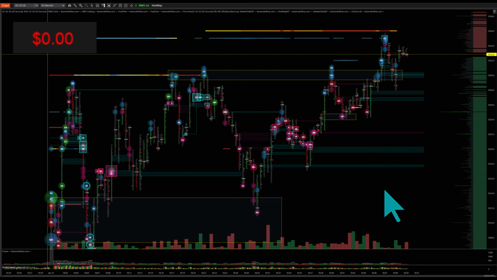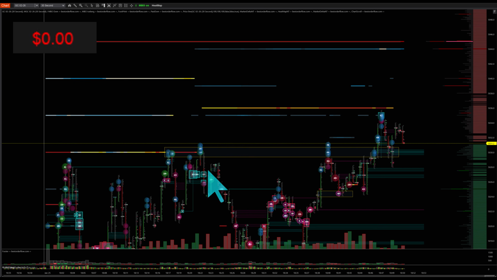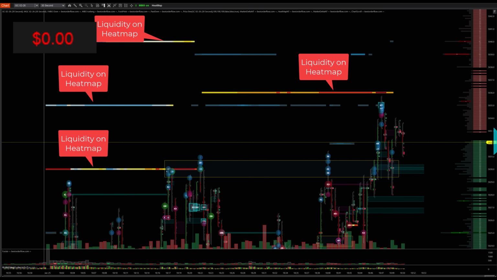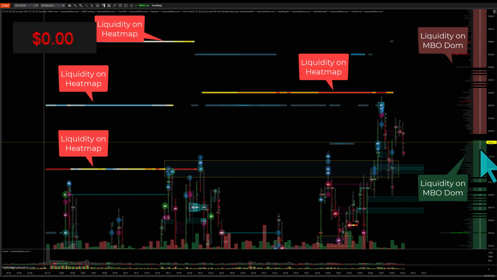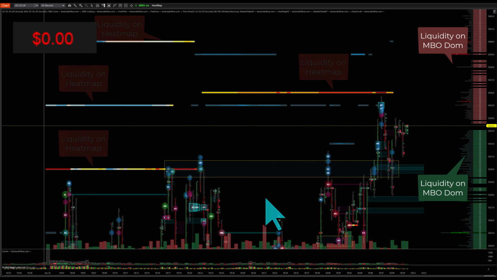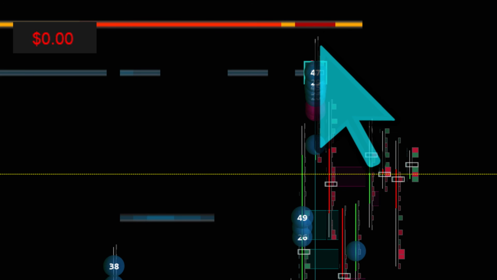What we're looking at is the liquidity that is present on the heat map and on the MBO, because the MBO is capable of showing us the liquidity at the very second or millisecond, and that historically recorded liquidity being present there for a while, like this one, like this one. And so you're seeing the immediate reaction when the liquidity is still there.